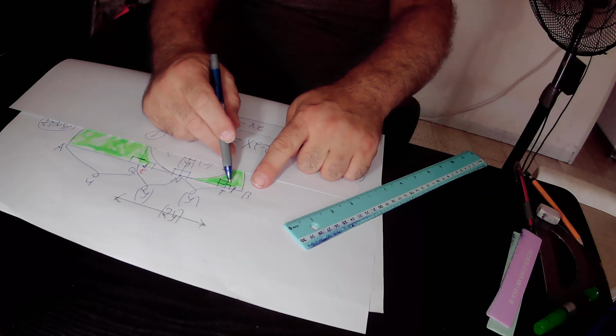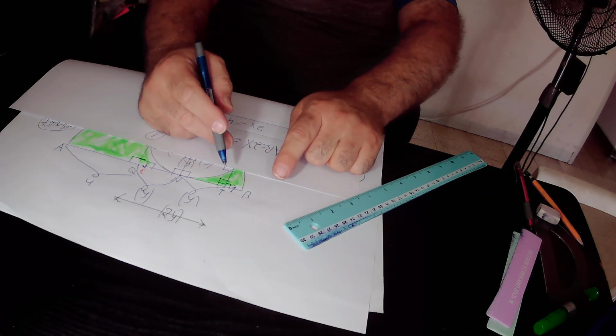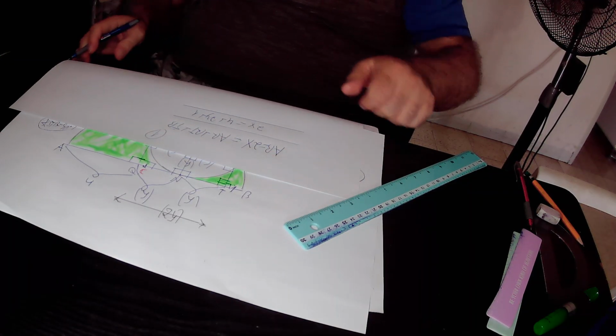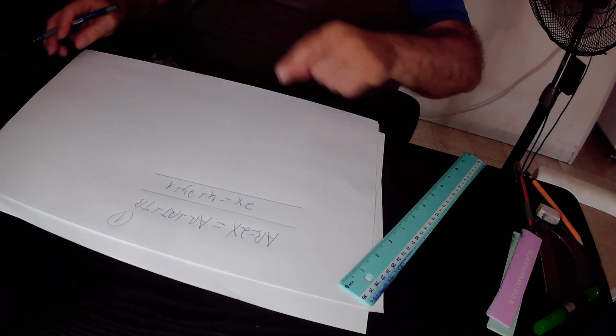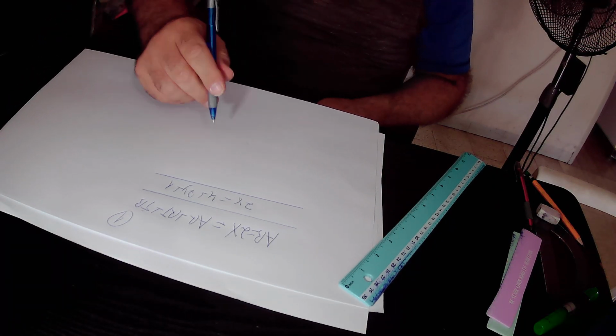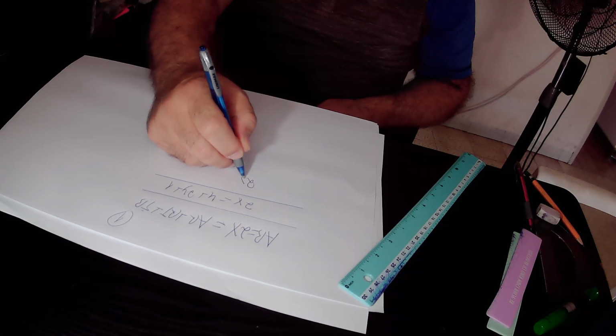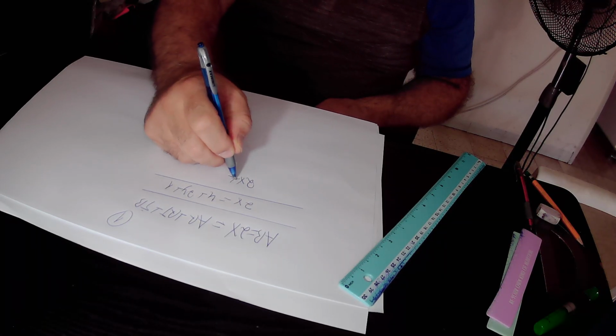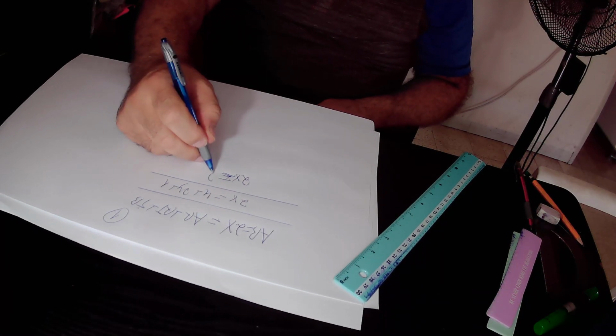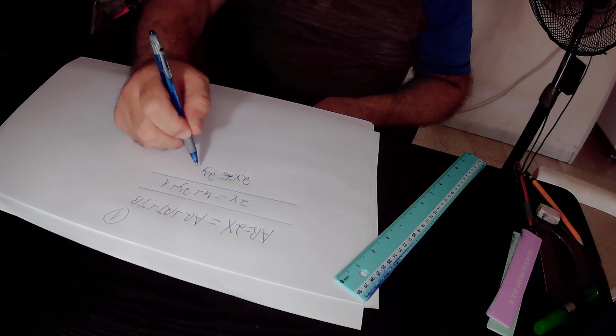TB equals 1 unit in its length according to what is given in the question. So in total we find that 2x equals 4 plus 2y plus 1. So 2x equals 2y, and 4 plus 1 is 5. So in total 2x equals 2y plus 5.